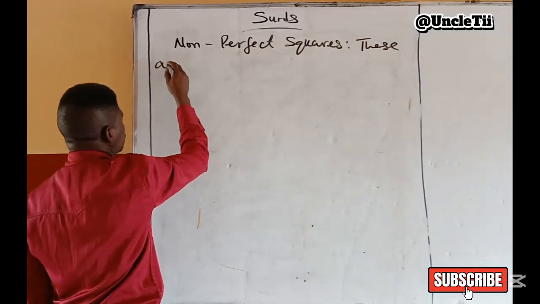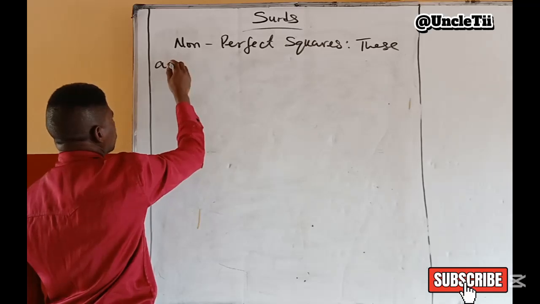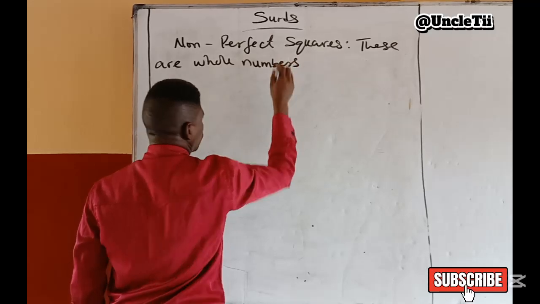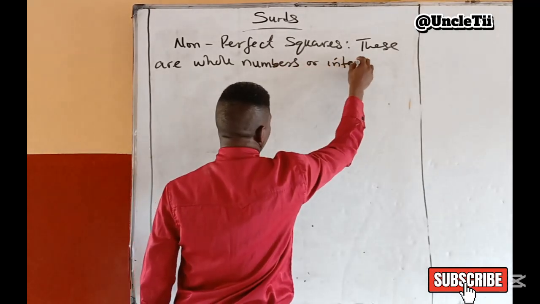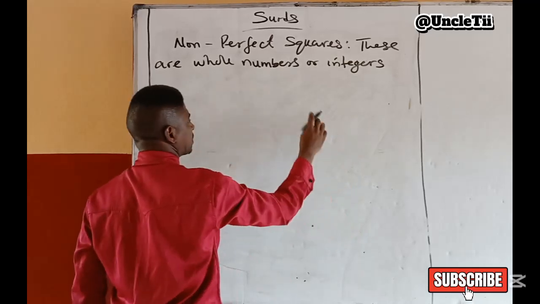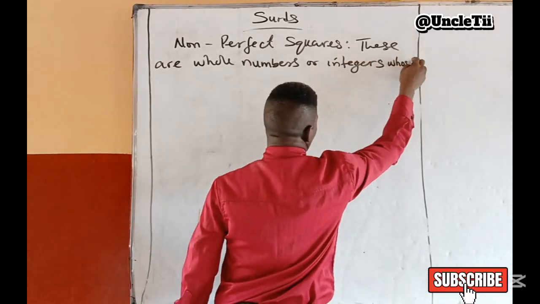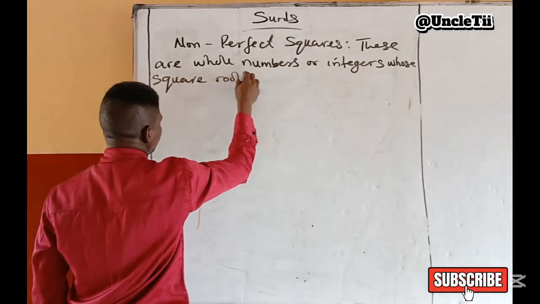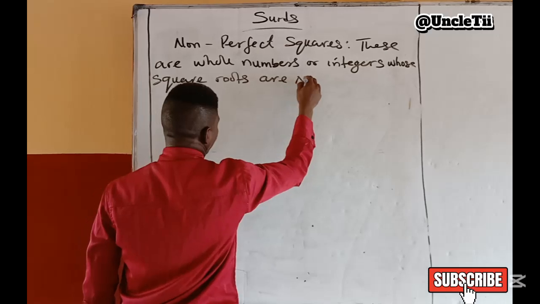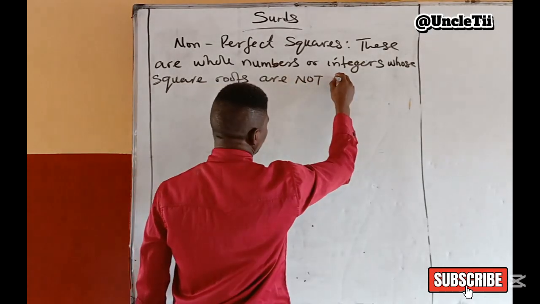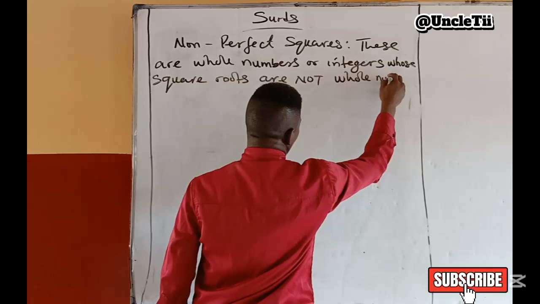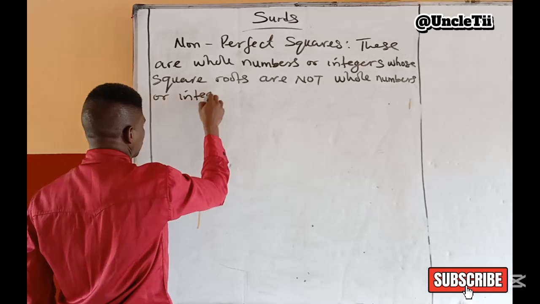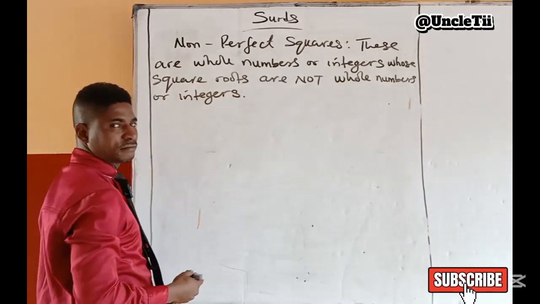These non-perfect squares are whole numbers or integers whose square roots are not whole numbers or integers.